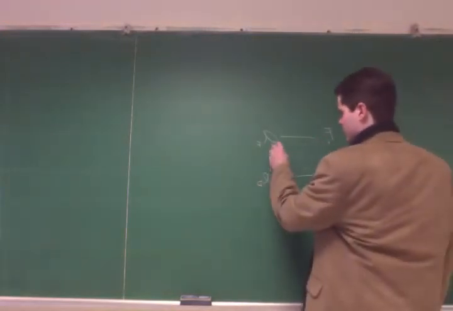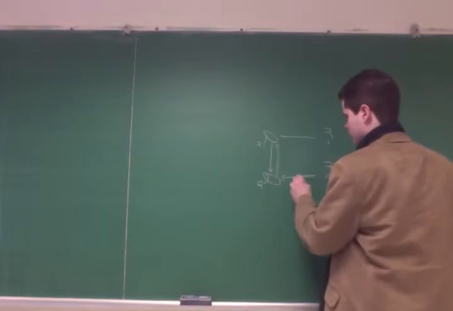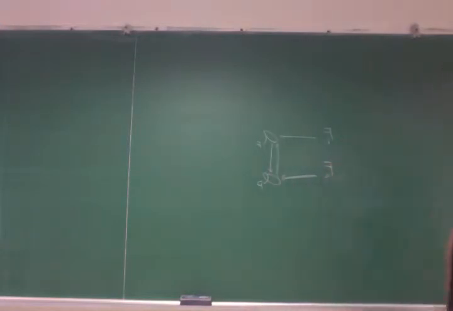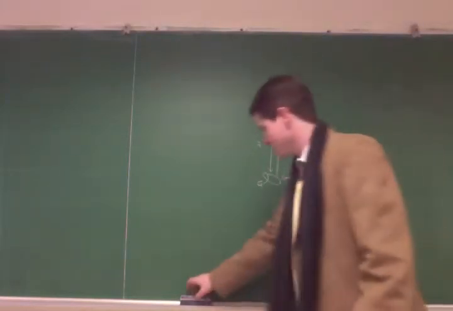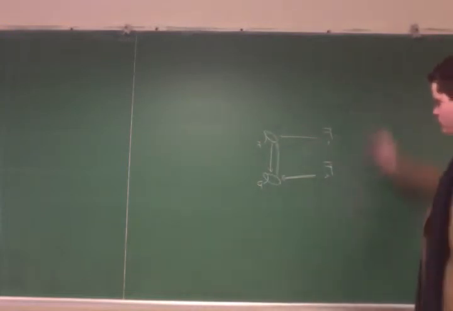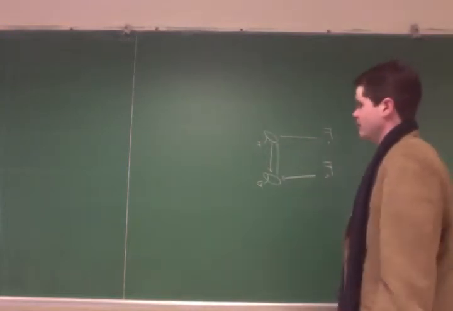I'll use double arrows for that, I guess. So from the abstraction, we get to here. Okay. Now, graphically, I would represent this as such.